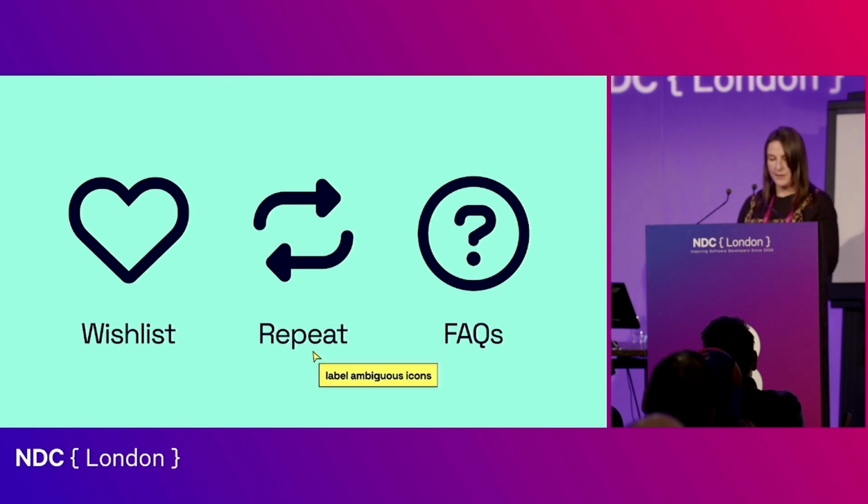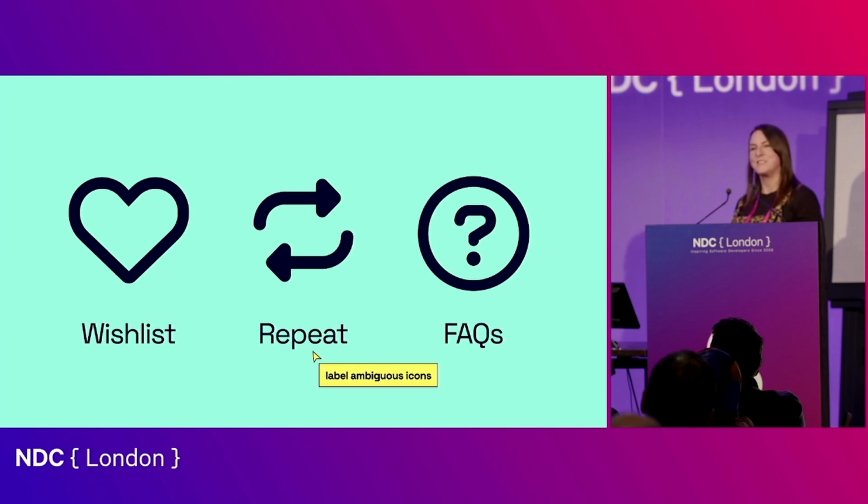So with icons that are not immediately obvious to us, the best thing to do is to give these a label, which some people don't like the idea of that because sometimes we're using icons to save space. But if it isn't immediately obvious and you're not sure, it is best to fall back on that labeling.